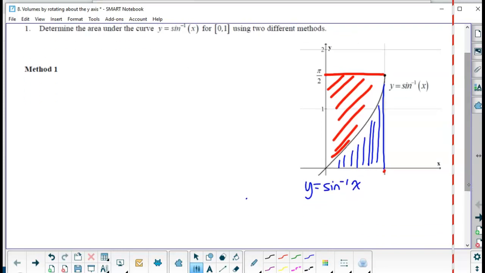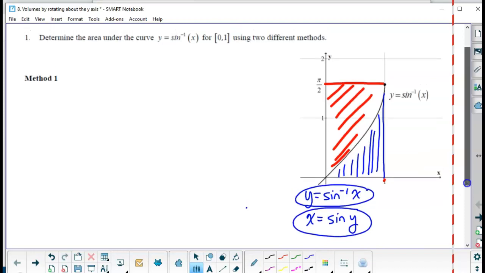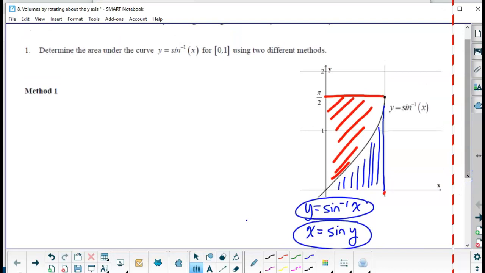solve for x here, we get x equals sine y. Okay, so same function. This is solved for y, and this is solved for x. So anytime you're integrating with respect to y, you want x equals. So here, we're going to integrate with respect to y.